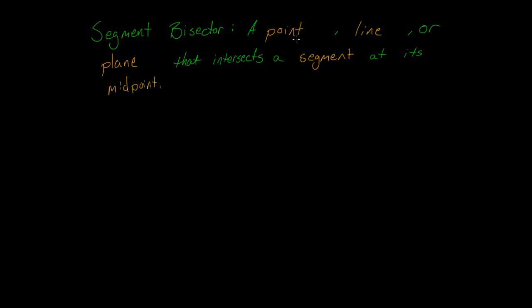So it can be a point, an entirely different line, or a plane, as long as it intersects any given segment at its middle. So it's going to bisect it right in half. That's where you get a bisector.